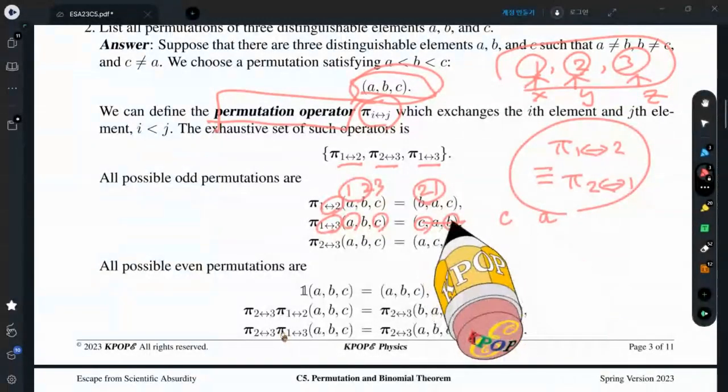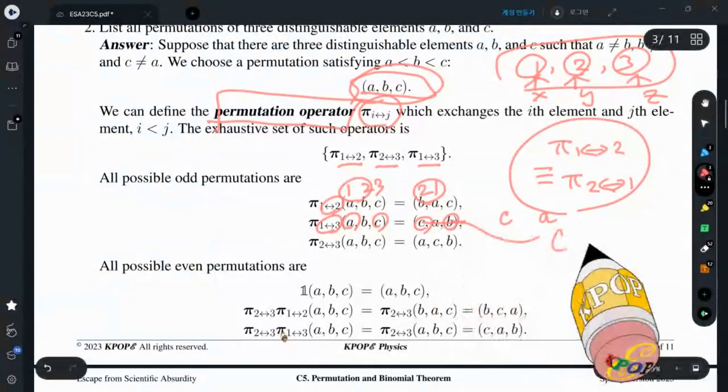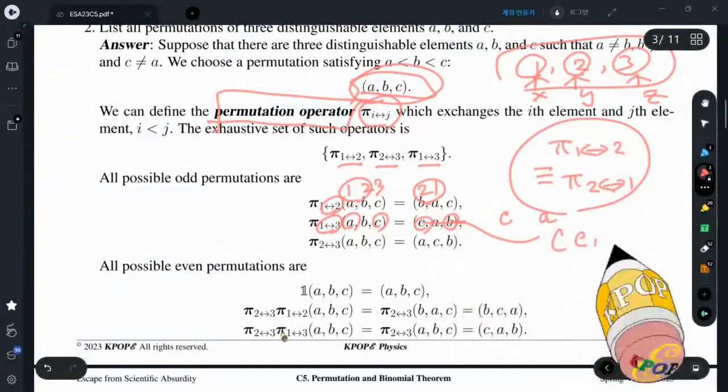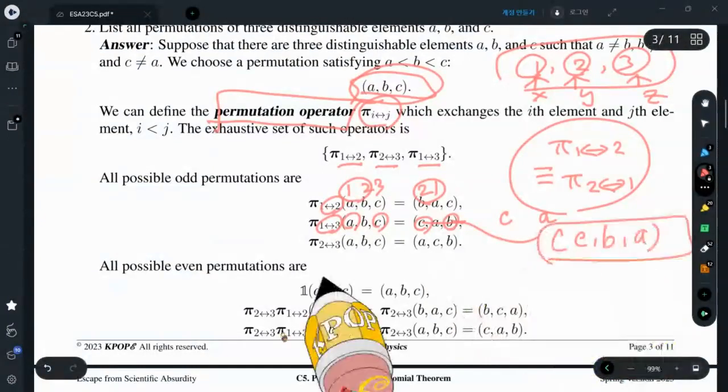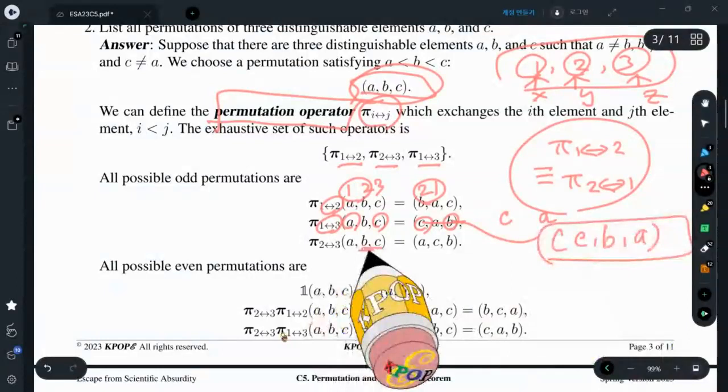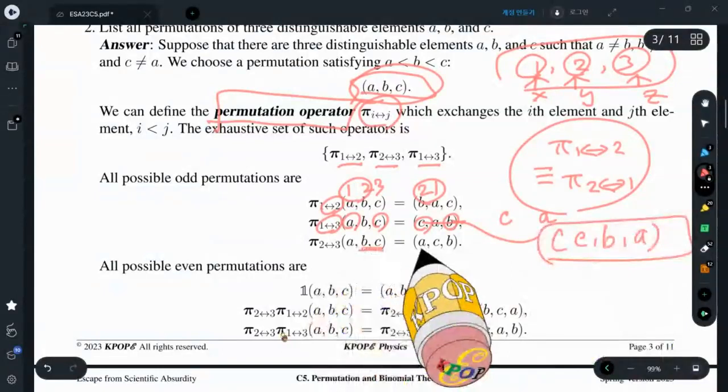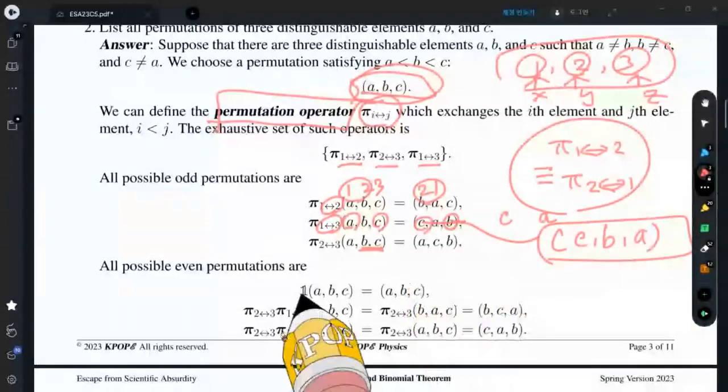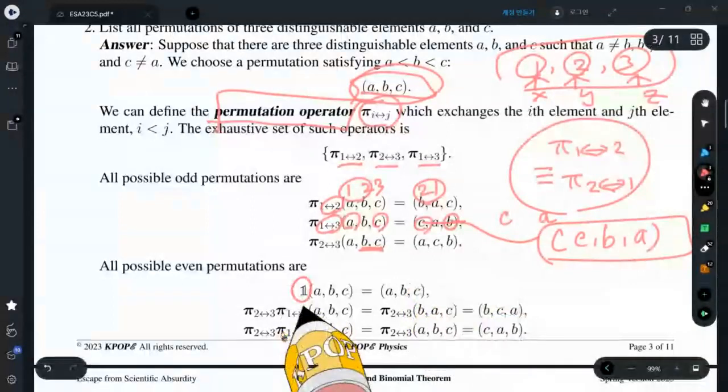So this one should be C, B, A. Okay? And it's 2, 3. Exchange these 2. So your result is A, C, B, something like that. Again, identity operation is no change.